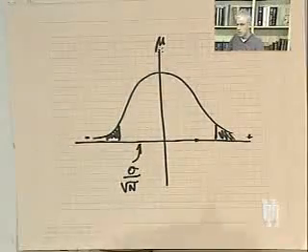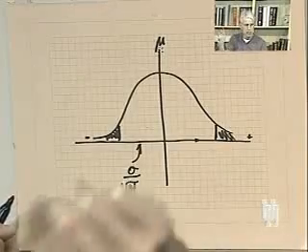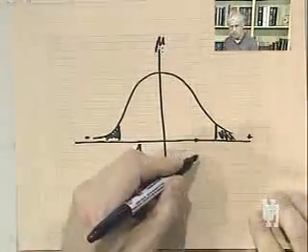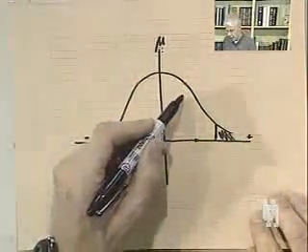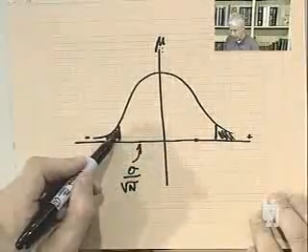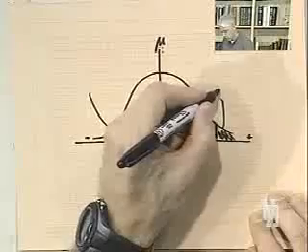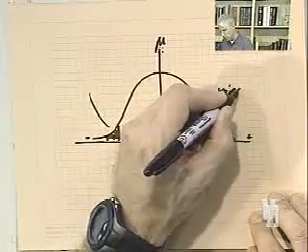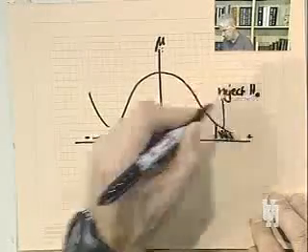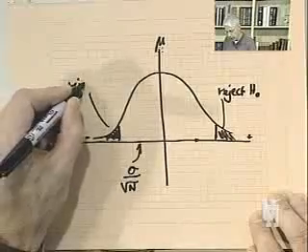So the logic is this. When we take our single sample score and place it in this distribution, if it falls in one or other of these shaded areas, we will reject the null hypothesis.